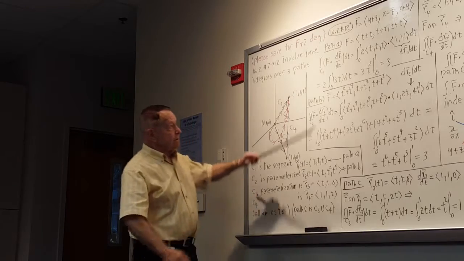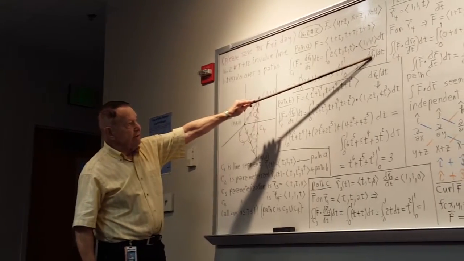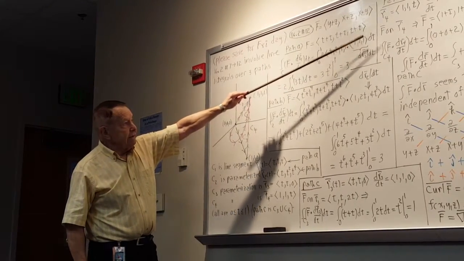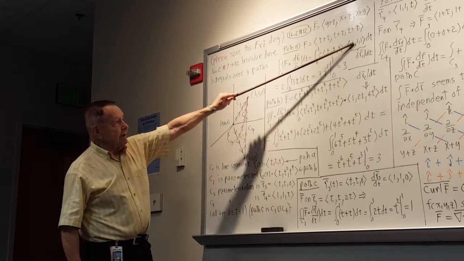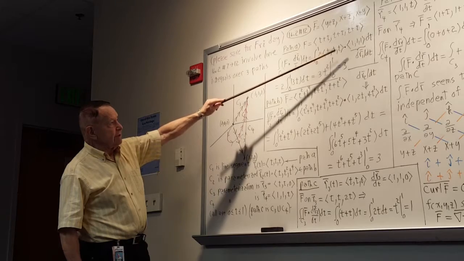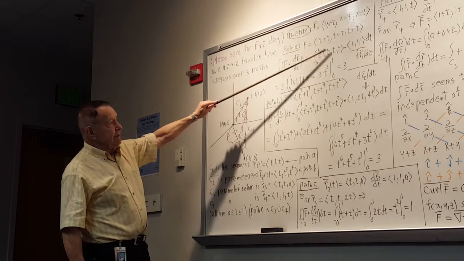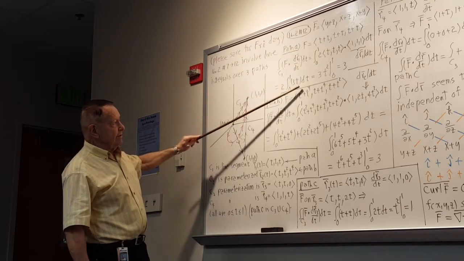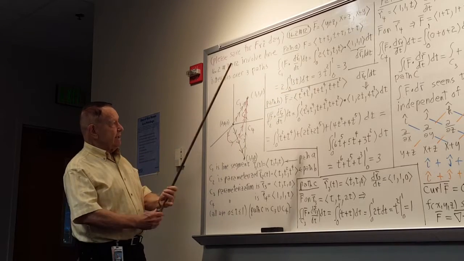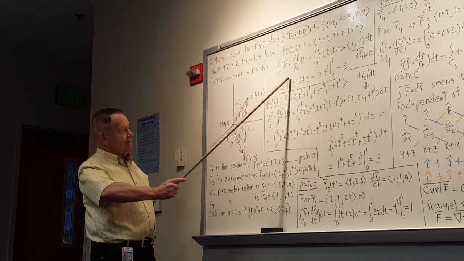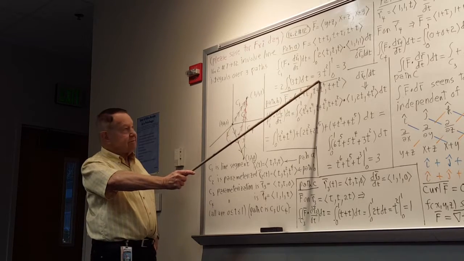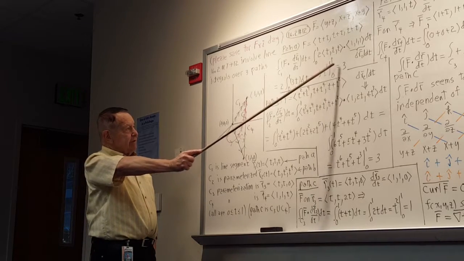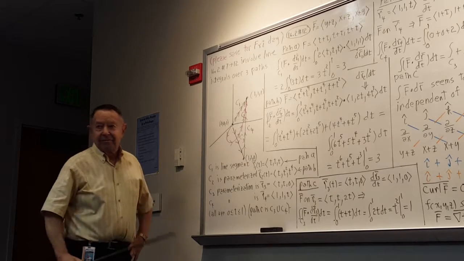So do your dot product, and in this case you get t plus t plus t, 3 of them, and you're integrating that from 0 to 1, which is Math 170, and put in your limits and you get 3.